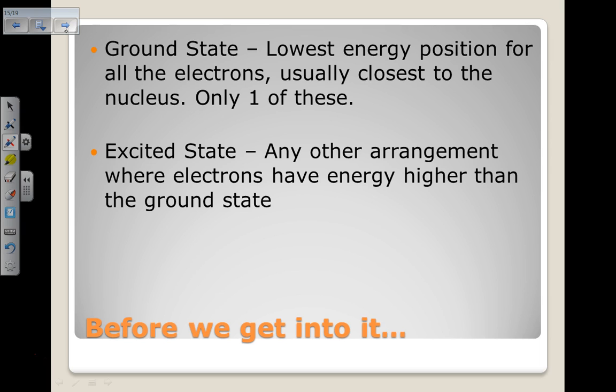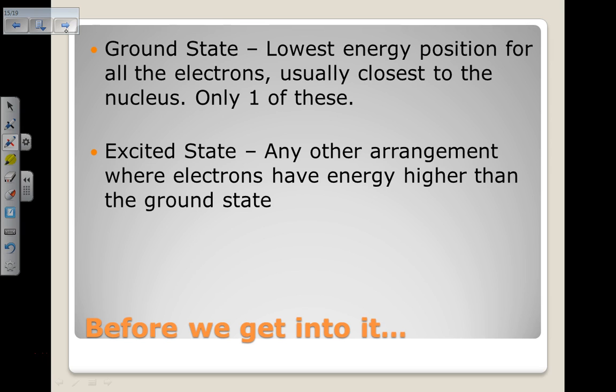When we assign electrons positions or places, we're going to put them in the ground state. We can move them around and put them not in the ground state, but typically we put them in the ground state.